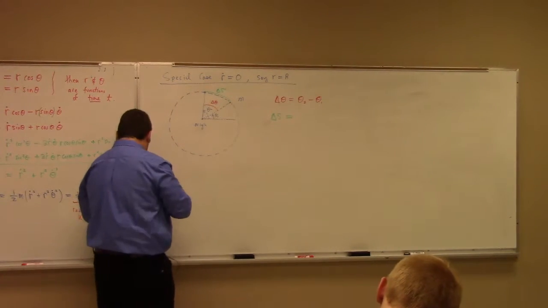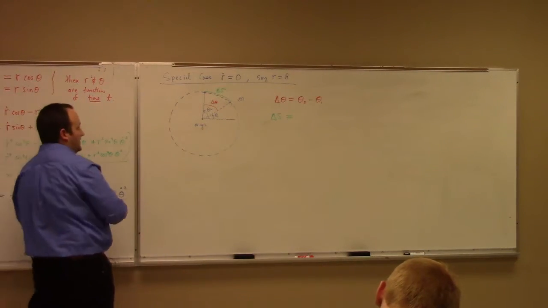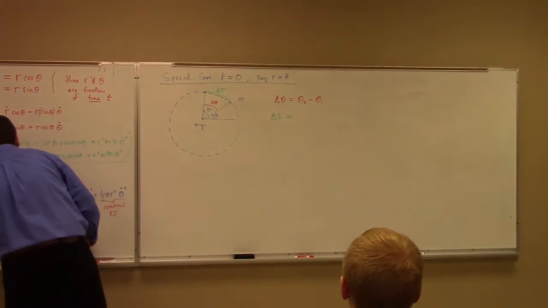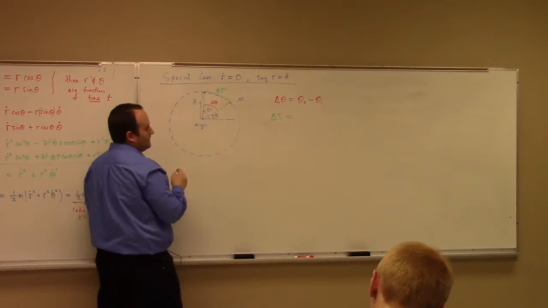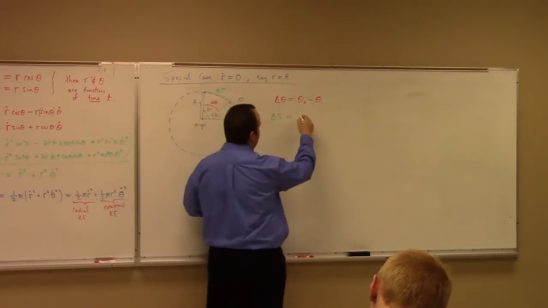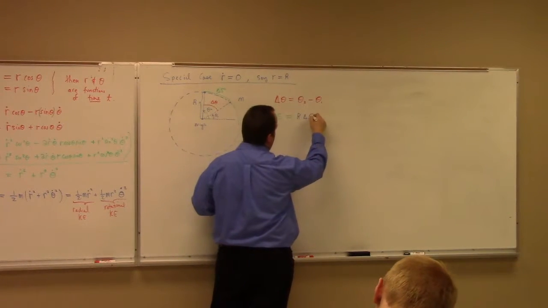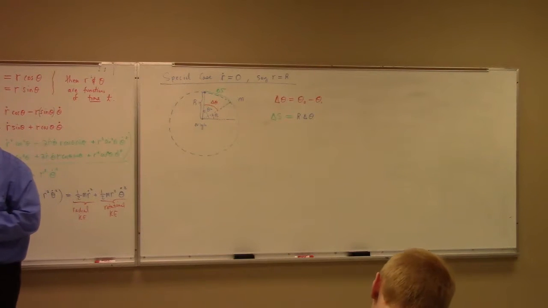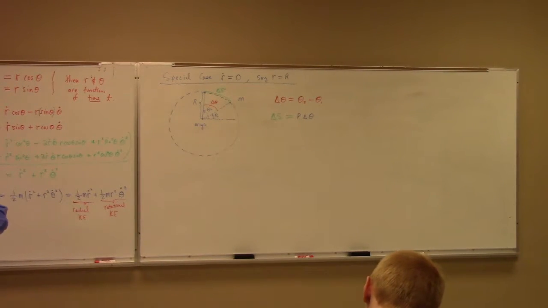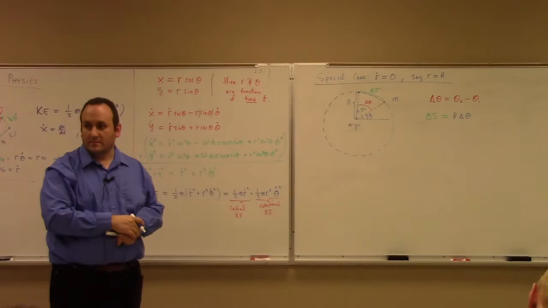This is R, of course. So we got R times the change in theta. So that's the arc length subtended.